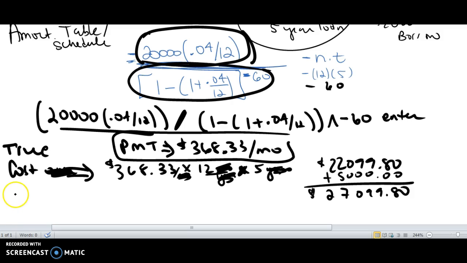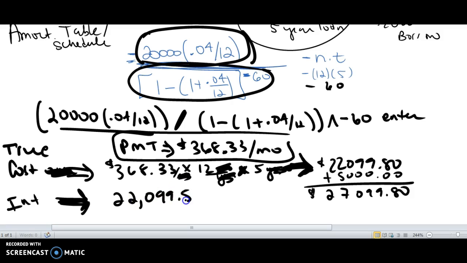If I wanted to figure out how much interest I owe on the loan, I can do that as well. When I totaled up all my payments, we got this amount right over there. All right, so if I take the 22,000 and some change, and then subtract my loan amount, like how much I actually borrowed, I can tell that I paid $2,099.80 in interest.